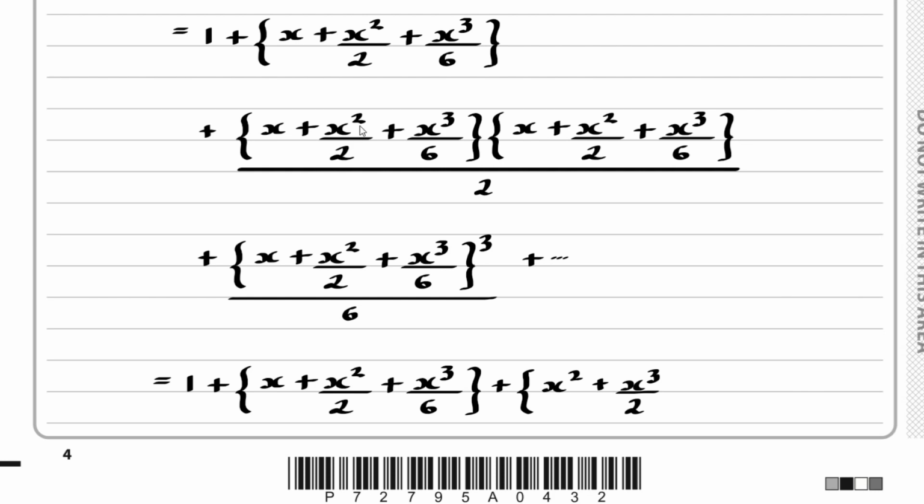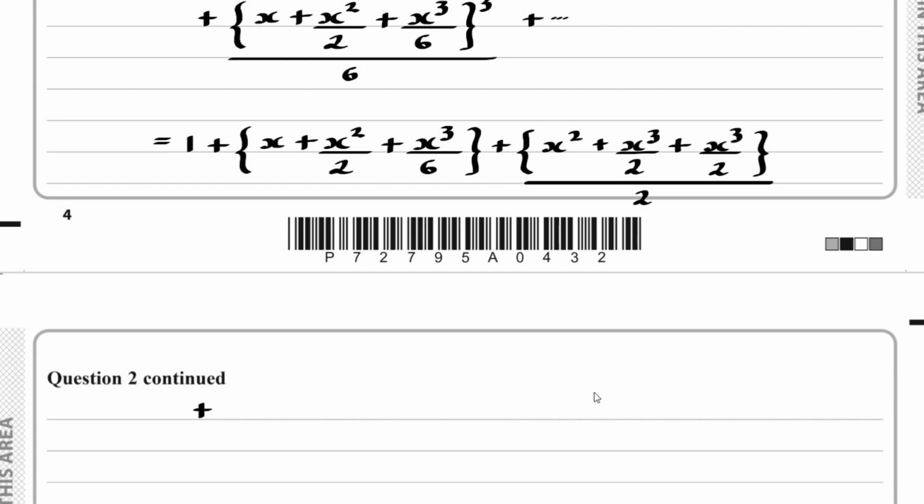Then we have x²/2 multiplied by x, which is x³/2. And then anything else beyond that is a higher order term. And then I need to divide this by the 2. And then I have the x + x²/2 + x³/6 cubed. And then I've got the higher order terms.